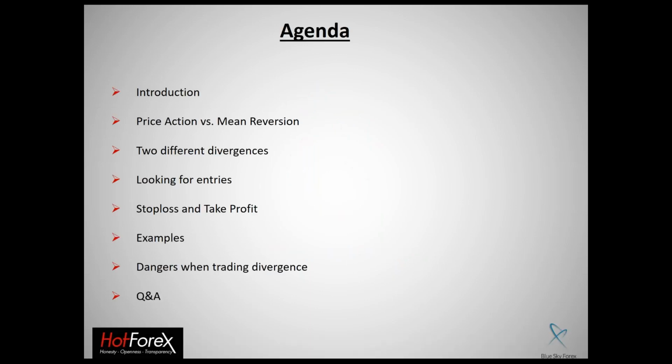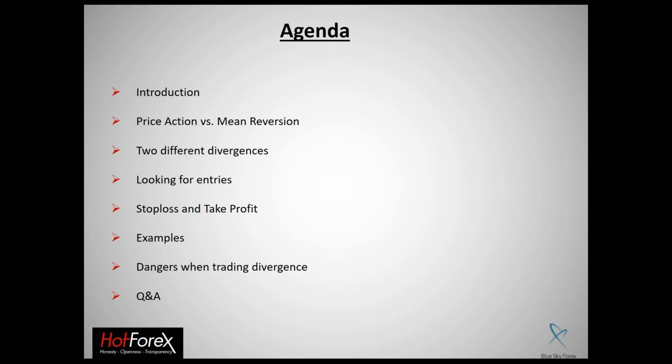First of all, I will introduce myself briefly. Then we'll look into the two types of markets that you will be trading in. We'll take a look at two different divergences that you can observe. We're going to check how to enter the trades based on the divergences that you find and how to trade them.